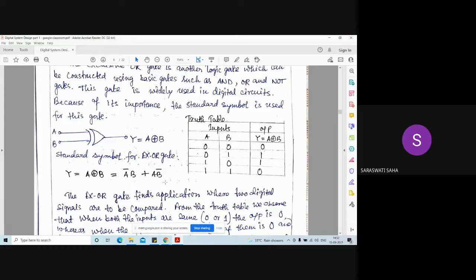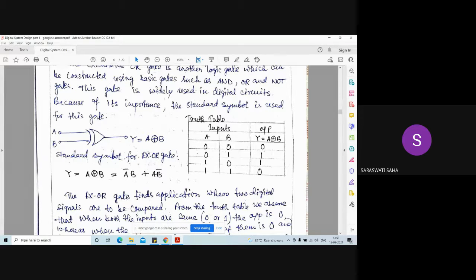Take any one case from the input. Suppose A is 0, B is 1. What will be the output? When A is 0, then A complement will be 1. Then 1 dot B is 1 dot 1, which means we will get 1 here. Then from this term, A is 0, B is 1, so the complement of B gives us 0.